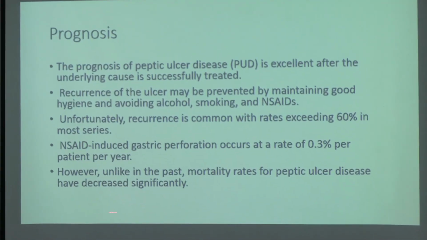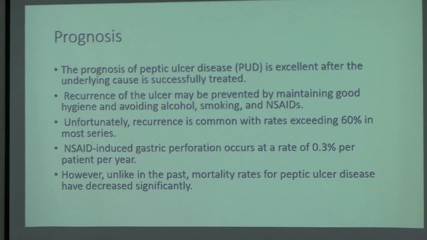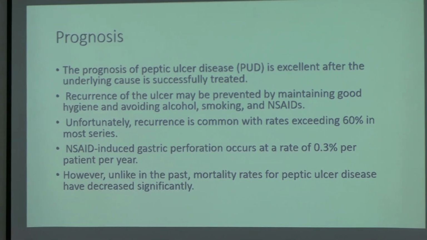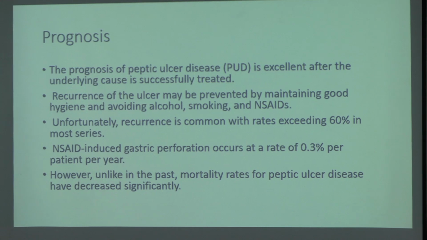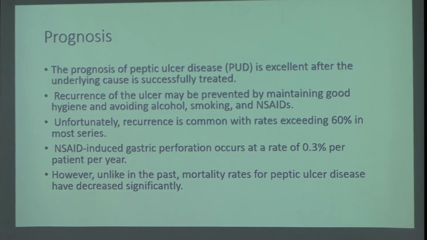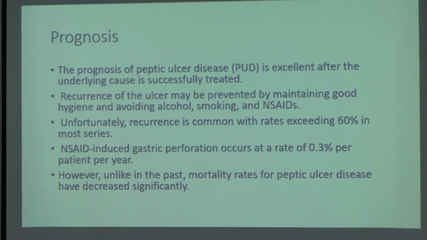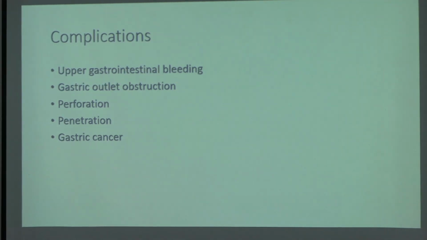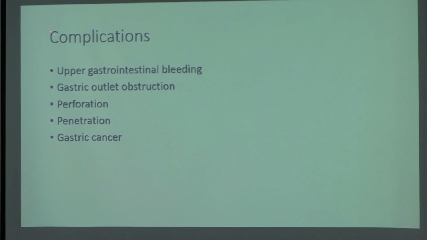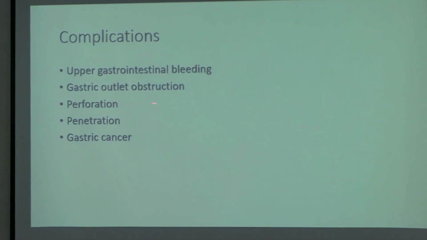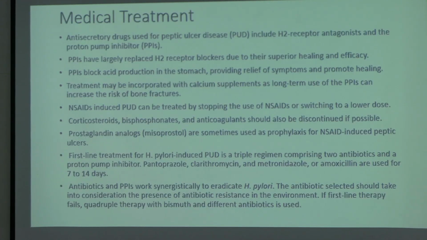However, unlike in the past, mortality rates of peptic ulcer disease have decreased significantly, because nowadays perforation comes very rarely because of treatment with PPI or H2 blockers. Surgical intervention also does not become so important. Frequently, the complications are upper GI bleeding, gastric outlet obstruction, perforation, penetration, gastric cancers. So these are the complications of peptic ulcer disease.